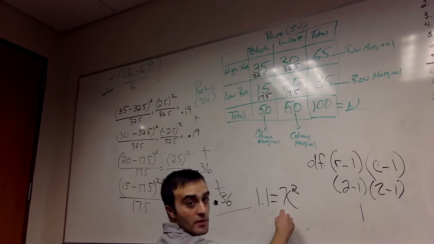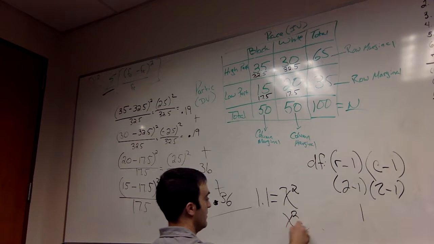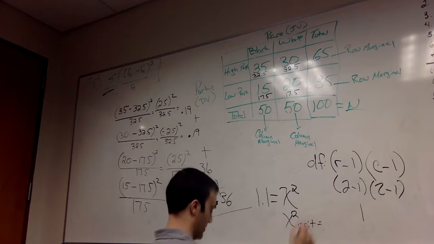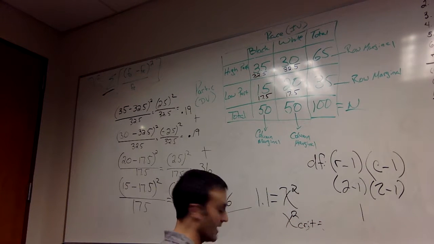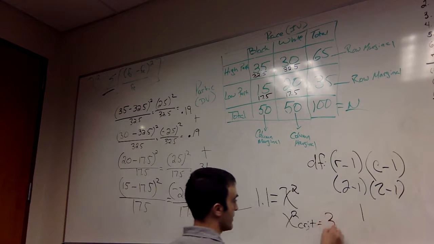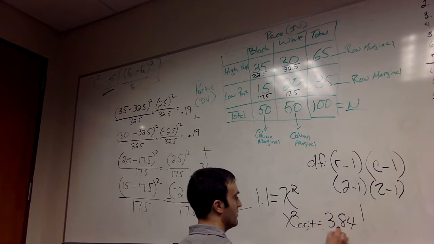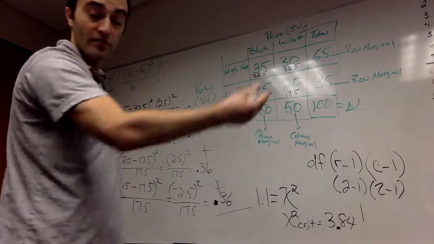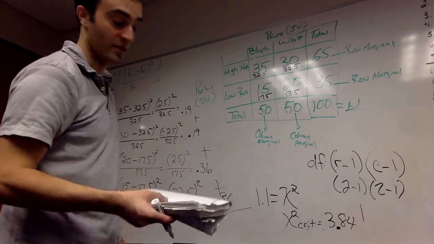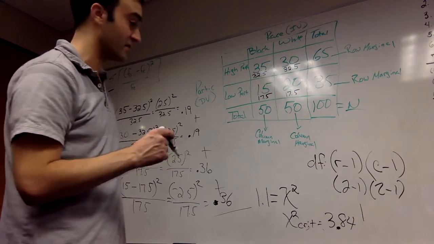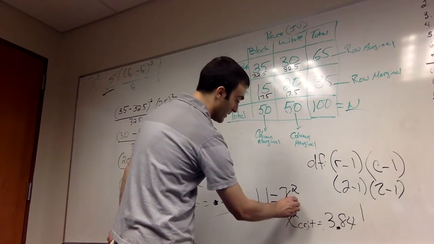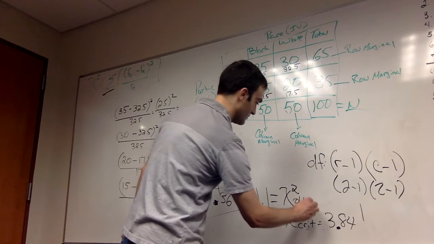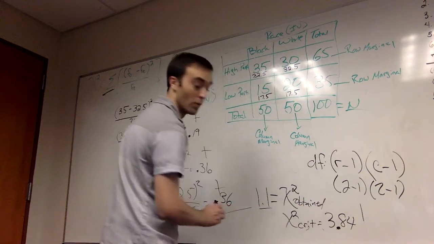So you can think of the table as your chi-square critical with 1 degree of freedom in the 95% column. Your critical value is 3.84. So anything above 3.84, or 3.84 itself, will be 95% significant. The chi-square that we obtained happened to be just 1.1.